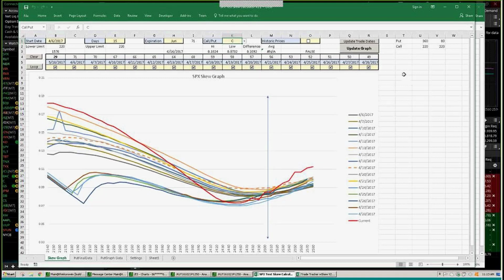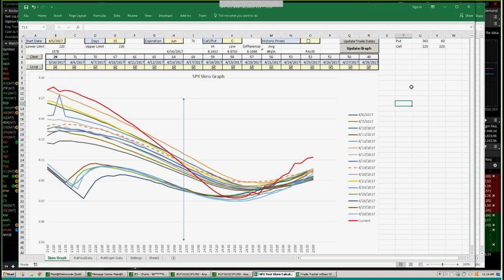When IV is a little bit higher, it's a great trade. But when IVs get very low and put skew gets very steep, you don't want that steepness to work against you. The wider you make your butterflies, or the wider you make the center of your iron condor, the more risk you end up having in play. So I used my structure, but it was much narrower than normal.